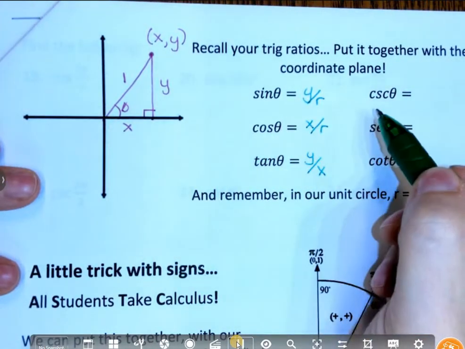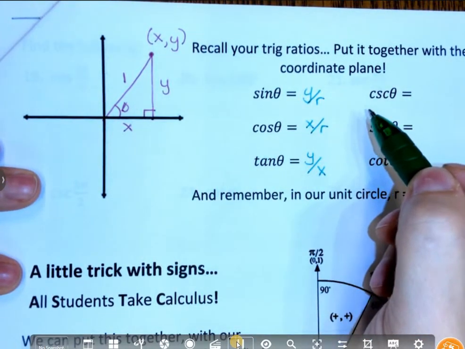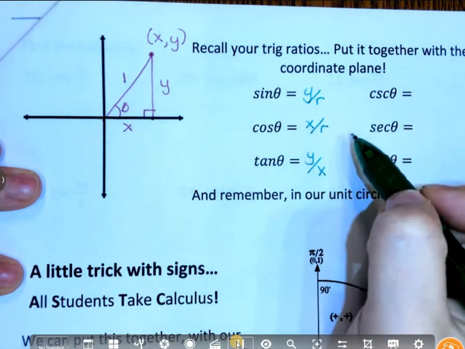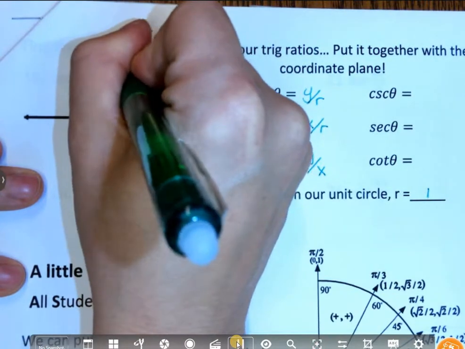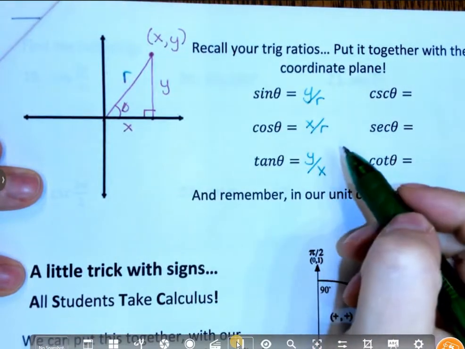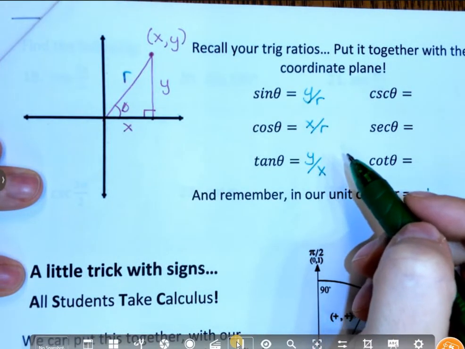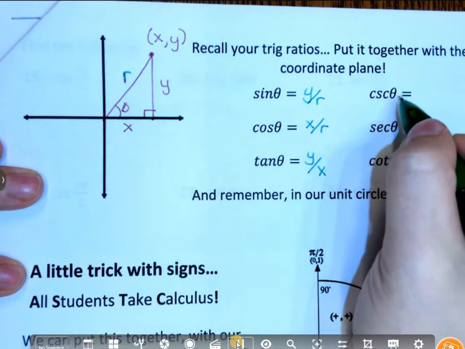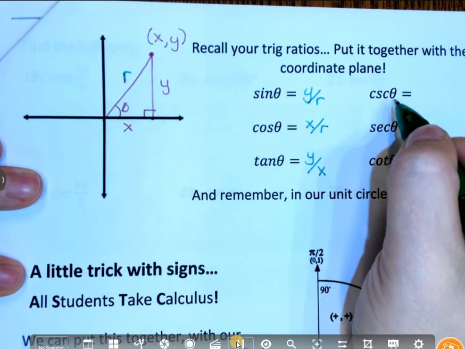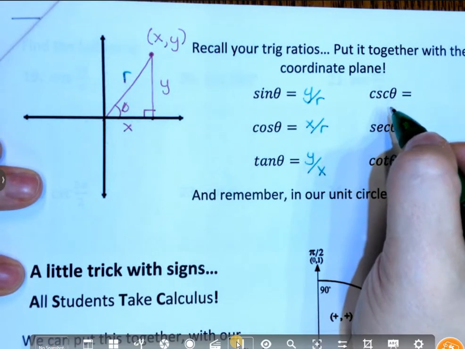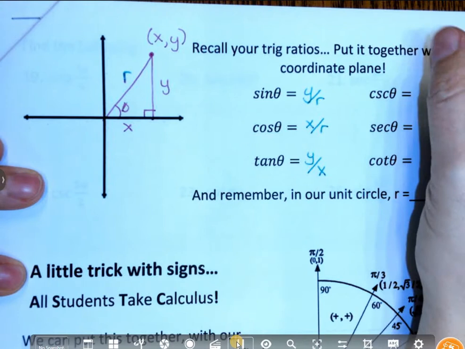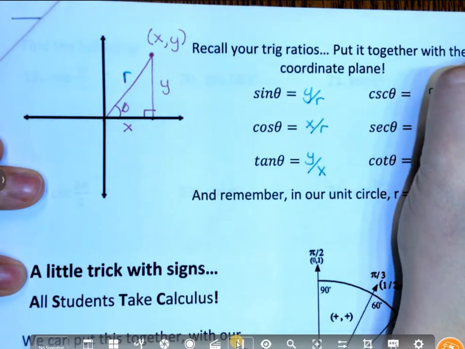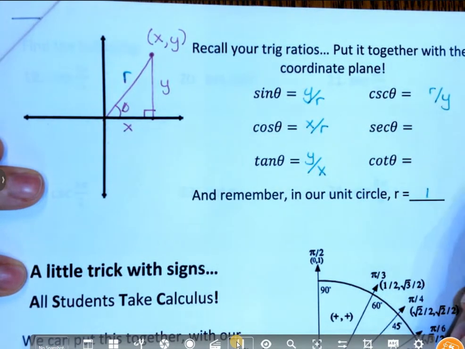So that means we can even think about their reciprocals. I did r because I'm just trying to generalize that no matter what our radius is. So cosecant pairs up with which one? Sine. Each pair has a co. So the cosecant is the reciprocal of sine, so what's the cosecant? 1 over y, or if you don't know the radius, r over y.